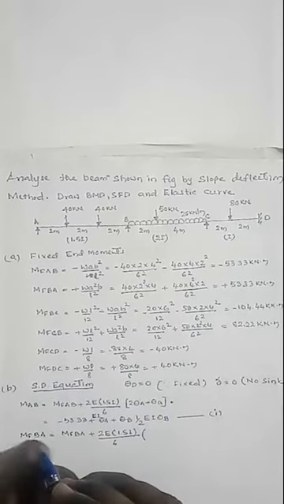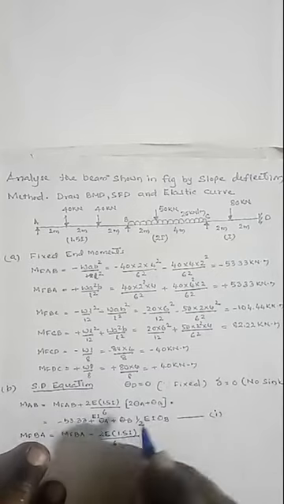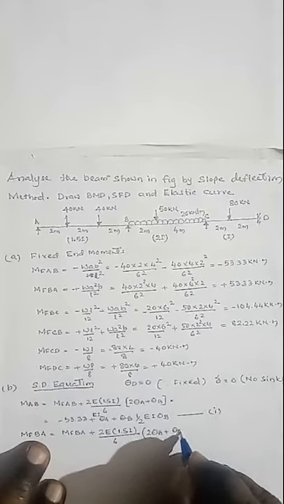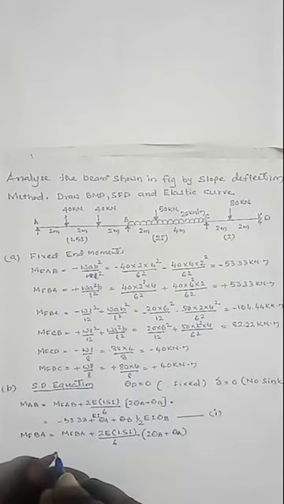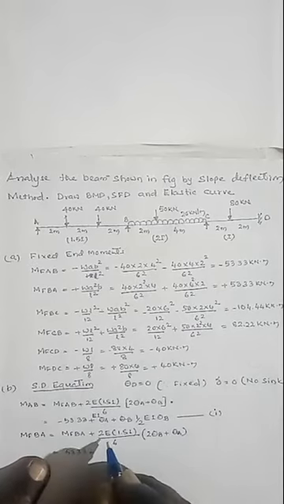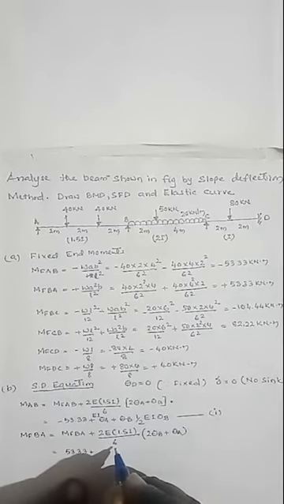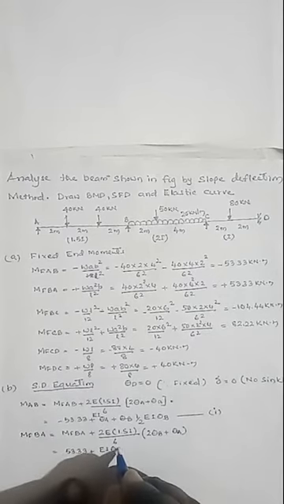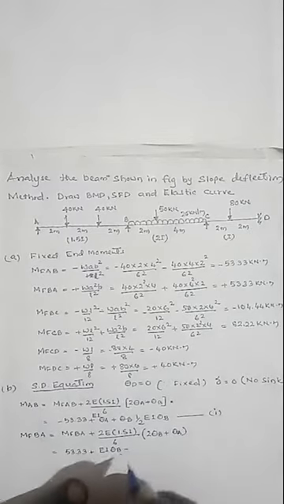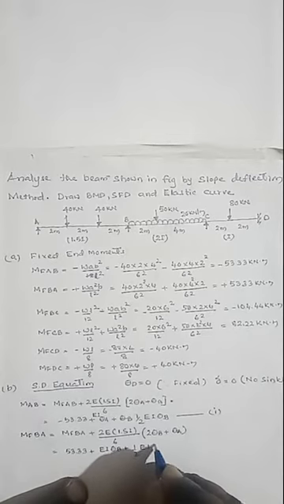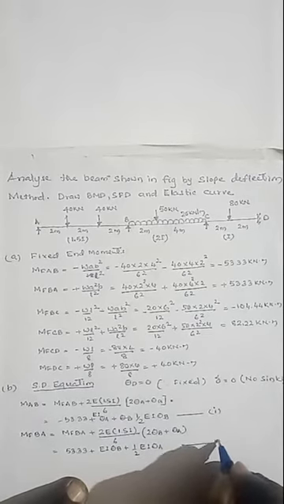Inside the bracket, calculating from B, the near end slope is 2 theta B, far end slope is theta A. Then this equals 53.33 plus, by simplification, 2 into 1.5, that is 3 by 6, 1 by 2 into 2, EI theta B plus half EI theta A. This is equation number 2.